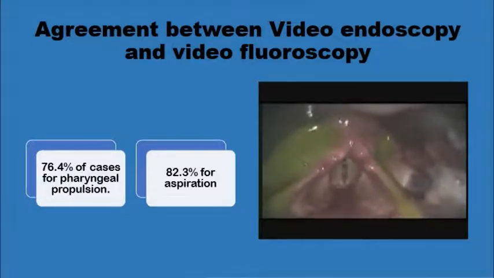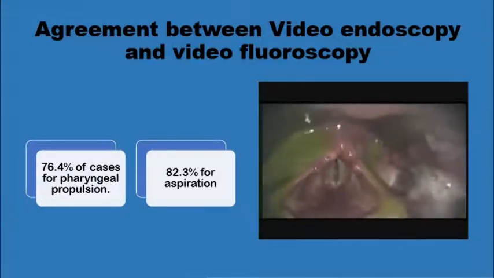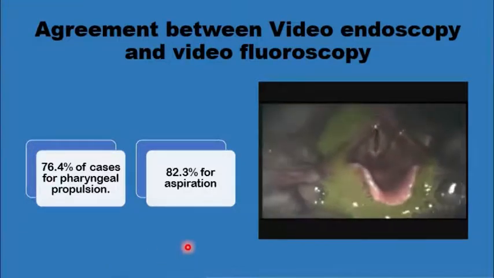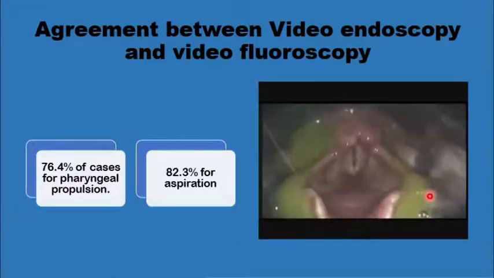If you use video endoscopy to grade the aspiration, using the same scale, registering any aspiration of the material into the supraglottis, the glottis or the subglottis, you get an 82% degree of agreement between the video endoscopy and the video fluoroscopy.